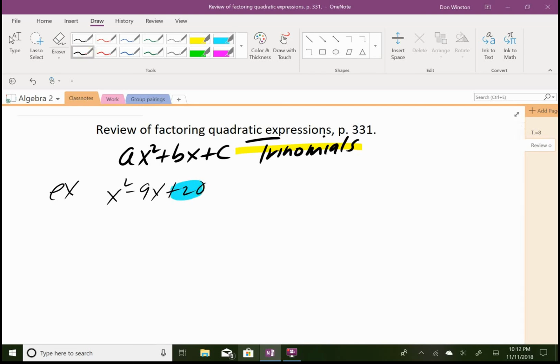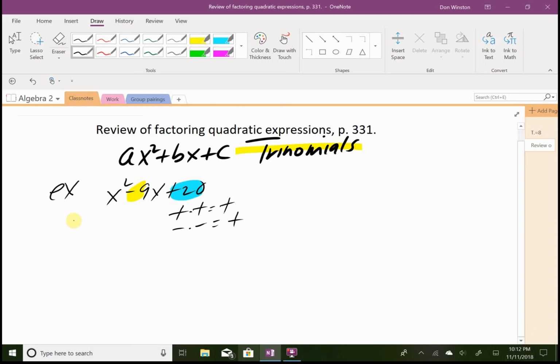If you recall, I said the only way that you can get a positive when you multiply is a positive times a positive, or a negative times a negative. In this case, it has to be negative times a negative. And how do I know that? Well, because I have a negative there. So I have to find factors of 20 that add up to negative 9.